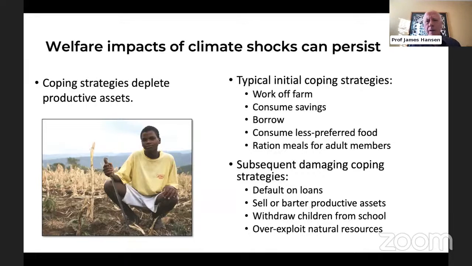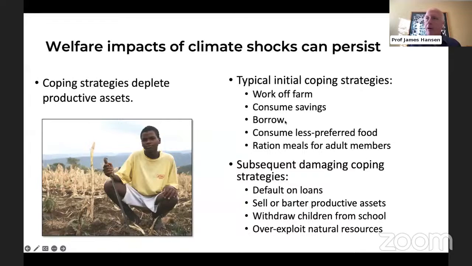So normally, if a household does not have enough food, cannot get enough food to meet its basic subsistence needs, there are several coping strategies that they will implement to try to meet that shortfall. For example, looking for off-farm employment for extra income. If they have financial savings, consuming that.